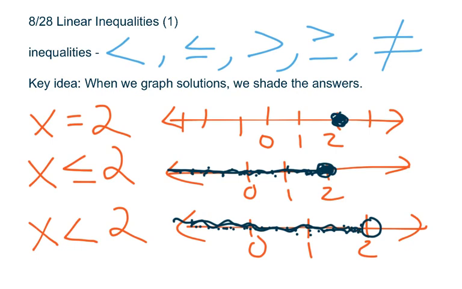If you need to mark an endpoint as not being a solution because you lost your equal to, that's why it's unshaded. That's why we don't shade in the circle. So if that's something that you had previously learned but never really had explained to you, I hope it makes more sense now that it's logical. And the same concept is going to work when we start doing this on the XY plane, the idea that we shade in the answers.